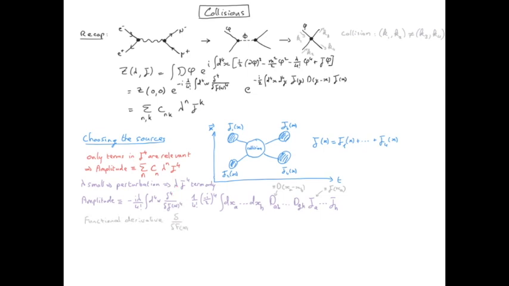A functional derivative is a derivative with respect to a function evaluated at a given value of its parameter x. We can see it as a problem where we have an infinite number of variables. Each f of x corresponds to one variable, and if we have infinite values for x, we have infinite variables f of x.